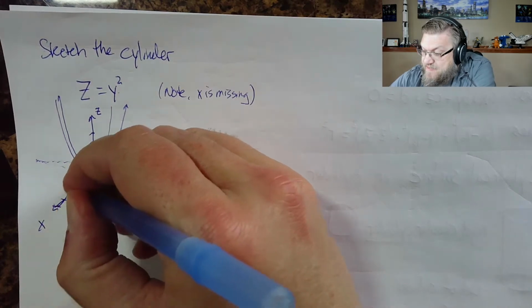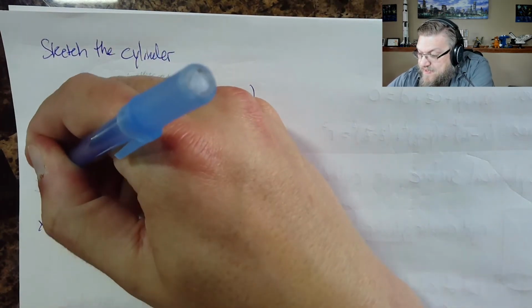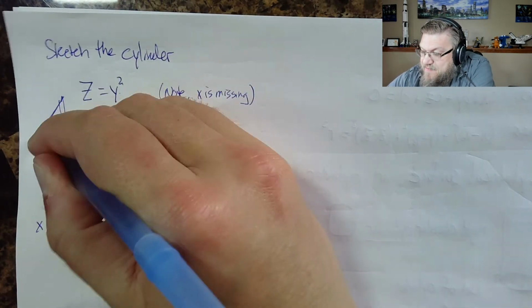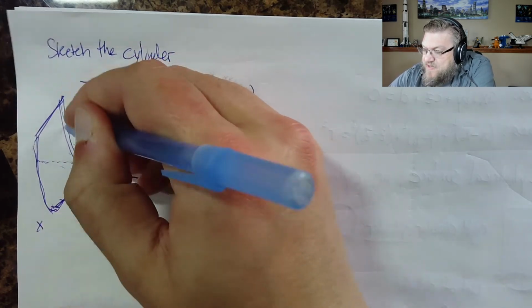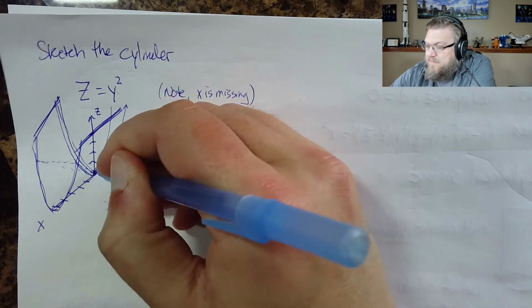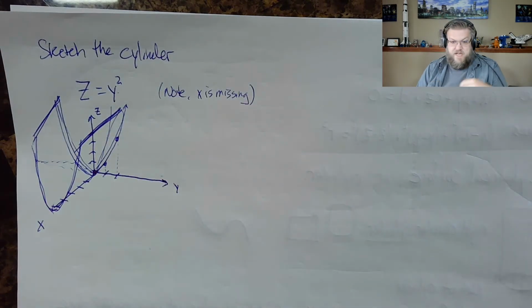So at the end, I get something that looks like this, a parabolic trough, if you will. I can't draw that well, but hopefully you see the idea. Now let's go to GeoGebra and see how we can work with that.